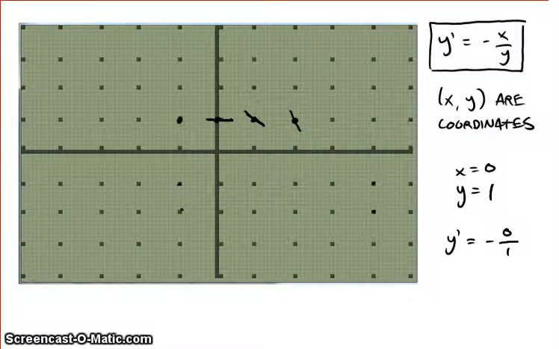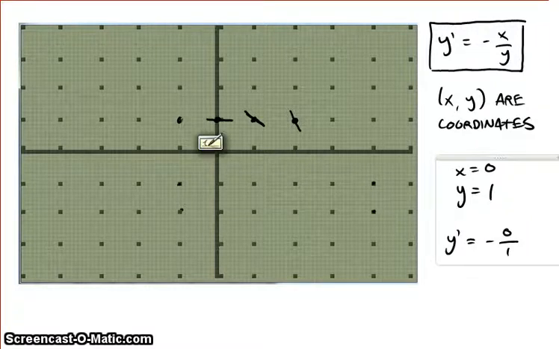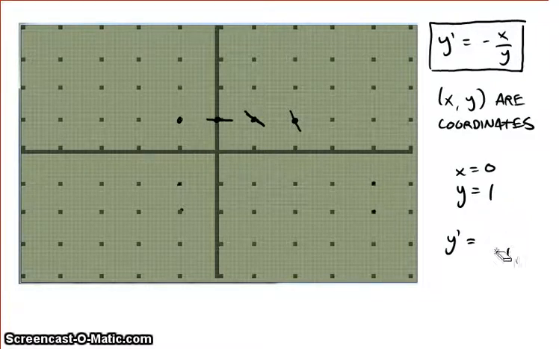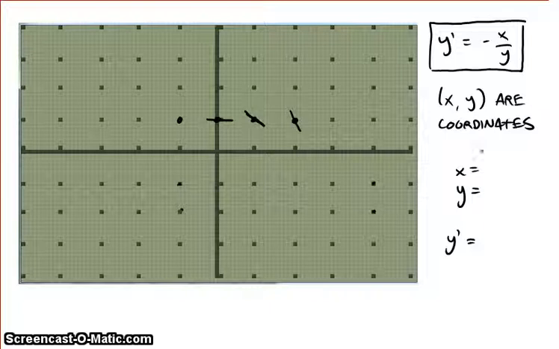And let's go to negative 1, 1. Okay, so let's go to negative 1, 1. And y prime there is going to be negative negative 1 over 1. That is going to be a positive slope. So positive 1.